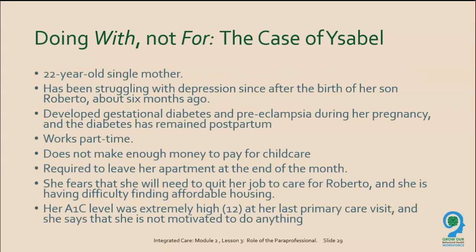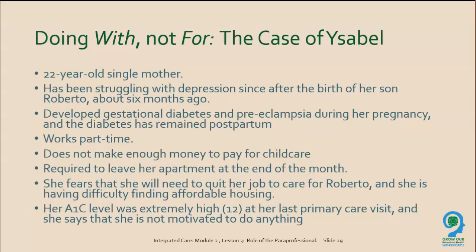Let's take a moment and look at a hypothetical case of someone we'll call Isabel. Isabel is a 22-year-old mother. She is struggling with depression since after the birth of her son Roberto about 6 months ago. She developed gestational diabetes and pre-eclampsia during her pregnancy, and the diabetes has remained postpartum.